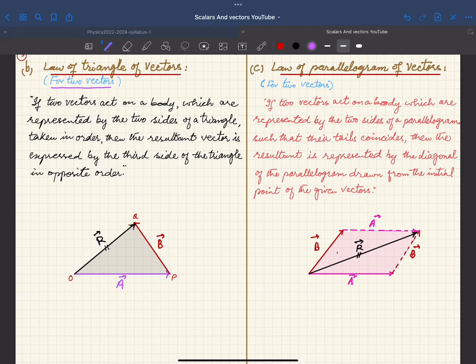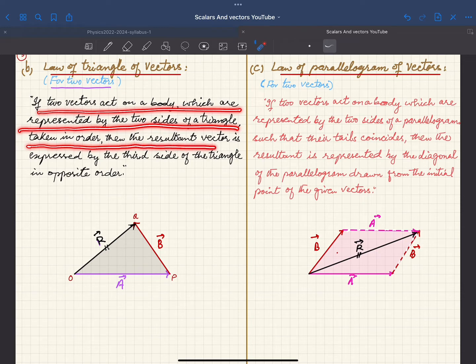What is this method? Simply you can state that if two vectors act on a body which are represented by two sides of a triangle taken in order, then the resultant vector is expressed by the third side of the triangle in opposite order.